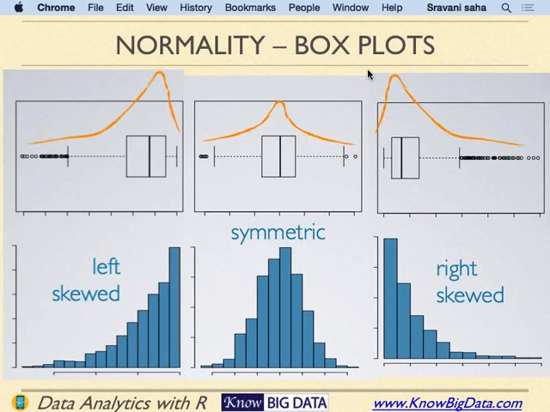The left hand side of the box will be bigger compared to the right hand side in case of left skewed. In case of right skewed, there'll be a bigger tail on the right hand side, and the right hand portion of the box will be bigger because it will require more elements to make 25% here, 25% here, right? Yes. All right.